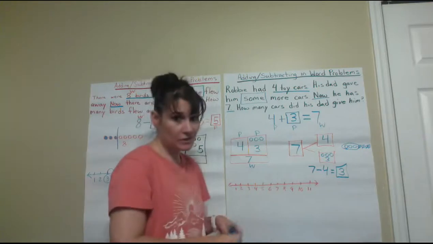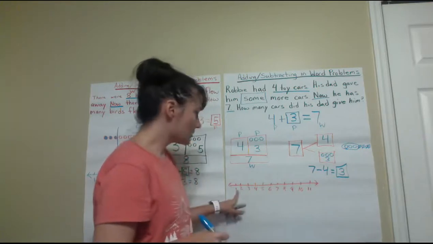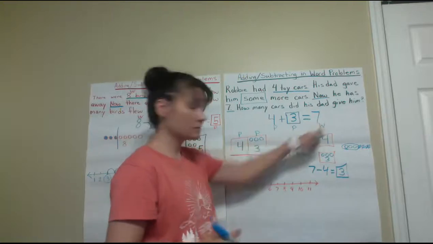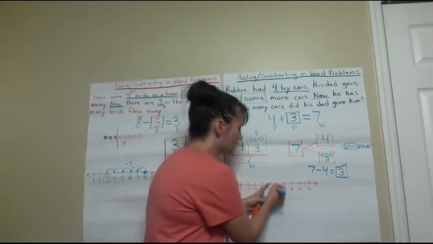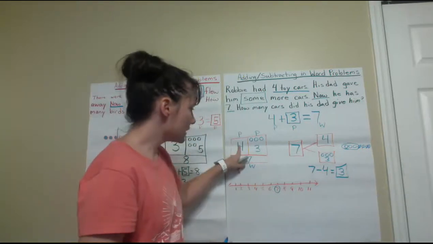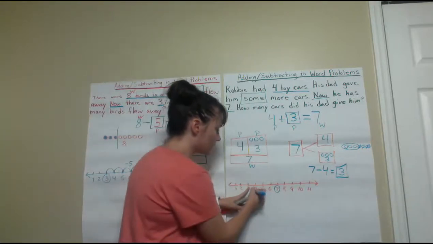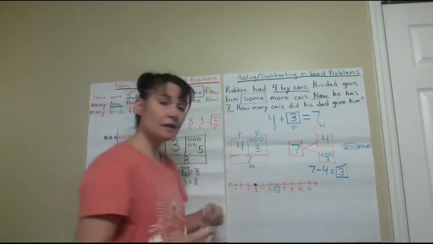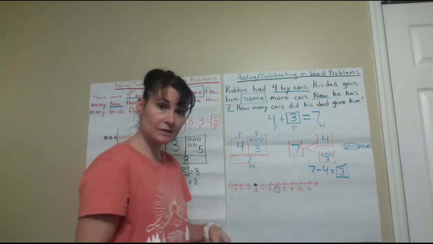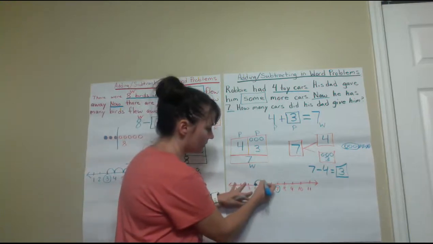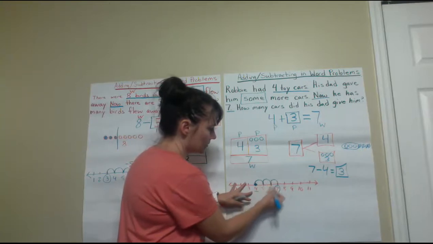One of my favorites that I saw was a number line. Again, my whole is 7. So I know I'm not going to go any larger than that 7. I know the part that he had was 4. So I'm going to start at 4. And then I'm going to count on until I get to 7. 4, 5, 6, 7.